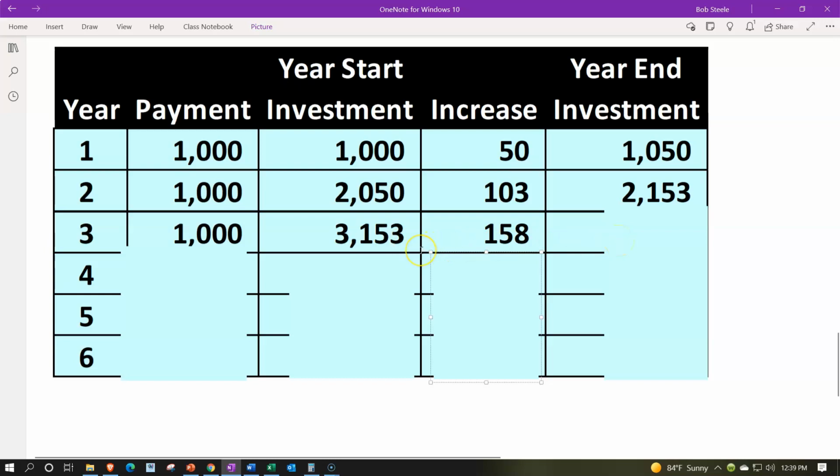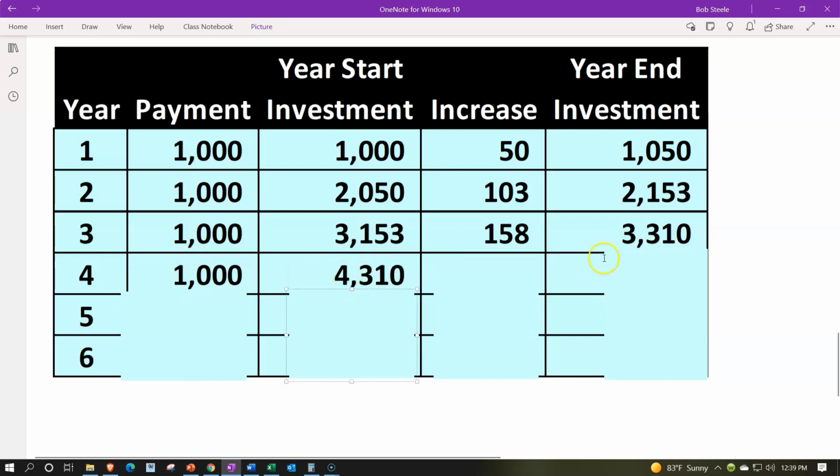Adding the 3,153 and the 158 would give us the 3,310. We add another 1,000 at January 1st, year 4. That means we've got the 3,310 plus the 1,000, or the 4,310. We multiply that times 0.05, or 5%, to give us the 216. And then we can add the 4,310 beginning balance plus the 216 to get to the ending balance of the 4,526.